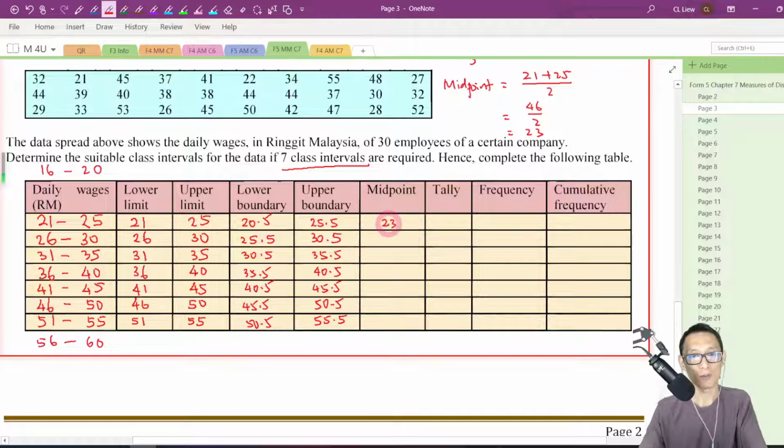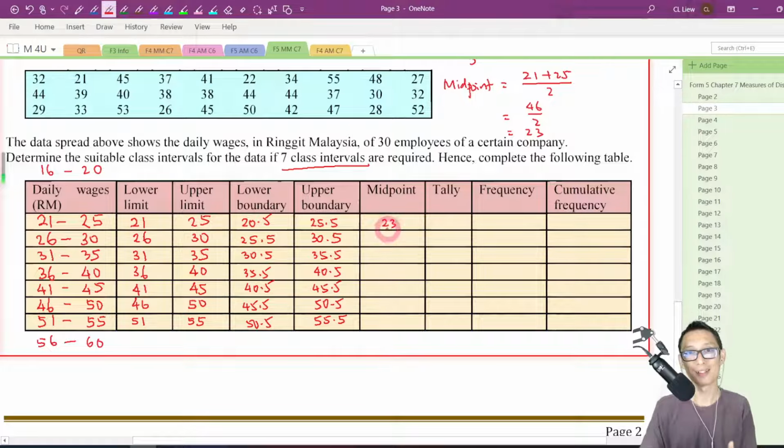But you actually don't have to calculate every single one. For example, if you want to determine the midpoint of the second class interval, do you need to do it again? Like 26 plus 30 divided by 2, then you get 28. You don't have to redo it again and again. So you can think this way.